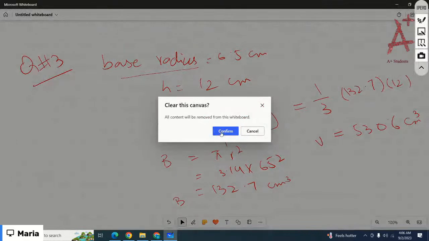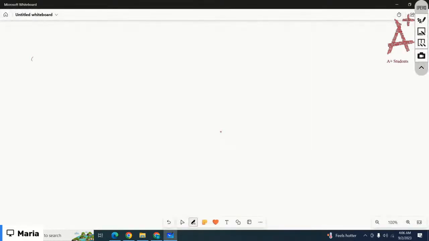That would be V equals 1 by 3 times base times height, right? To find the area of the octagonal 8-sided polygon in its base, we will have to divide it into 8 equal triangles, right?